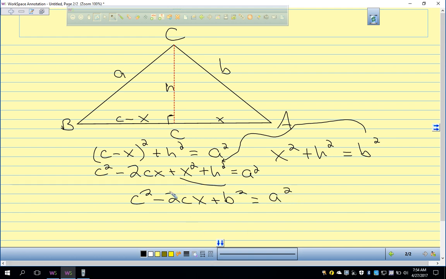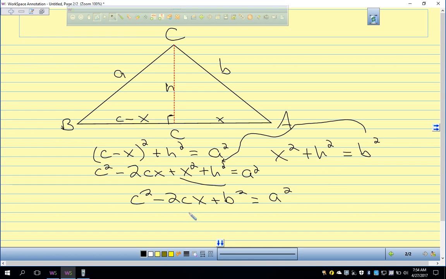C squared minus 2CX plus X squared plus H squared is B squared.